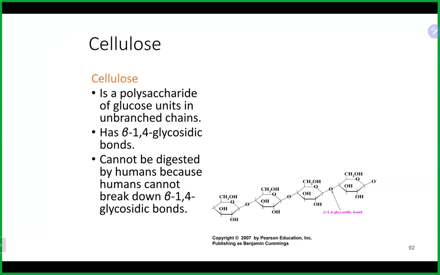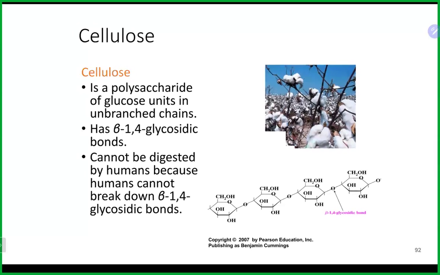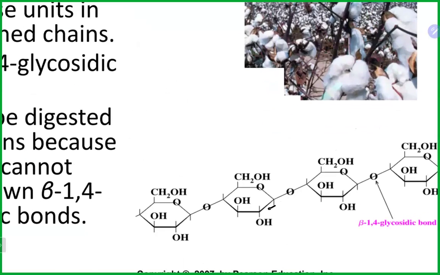Cellulose is a polysaccharide of glucose, and it has the beta 1,4 bond. Once again, as we saw earlier, you could kind of feel like it's going upwards there. And again, that should give you the beta idea. And it's still the 1,4 because if I just look at this one, that is carbon 1 on this guy.